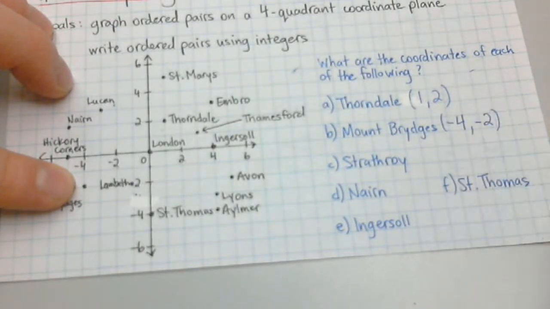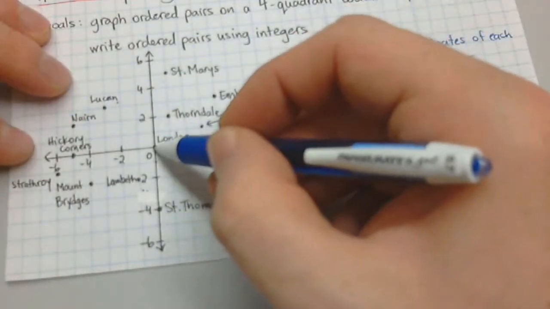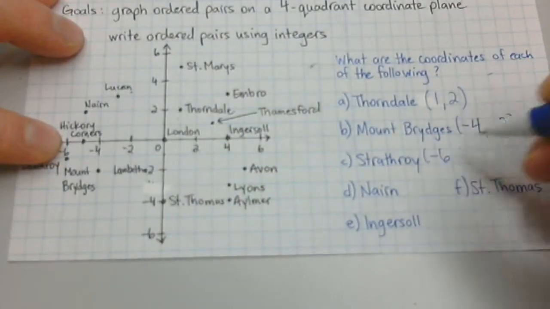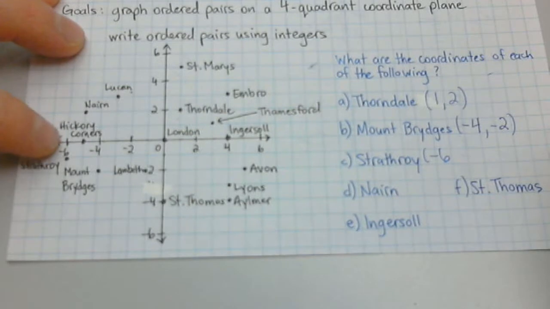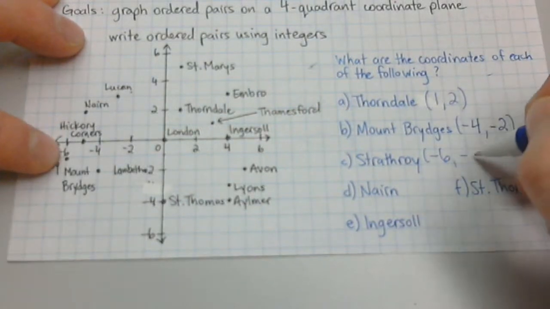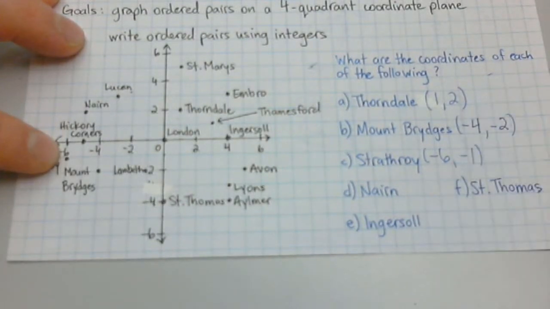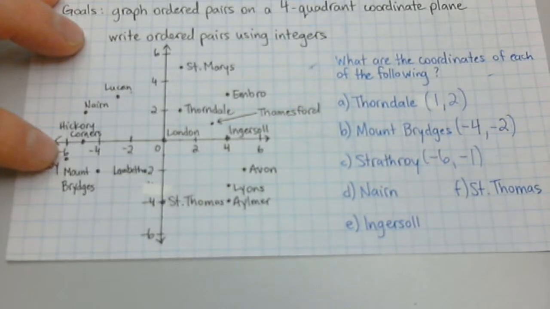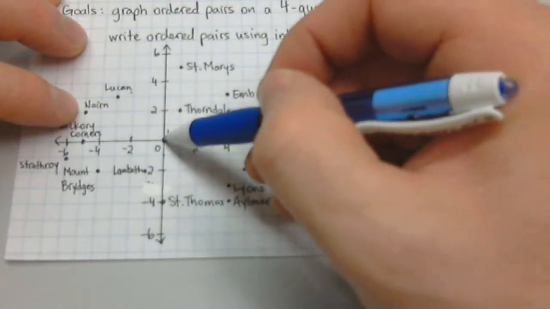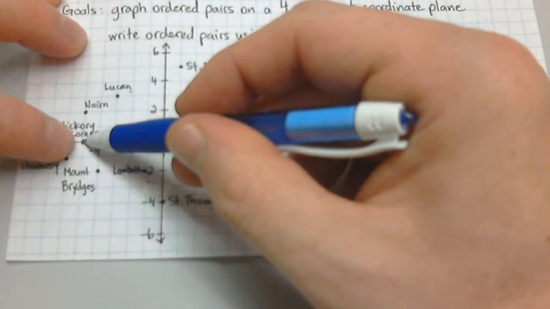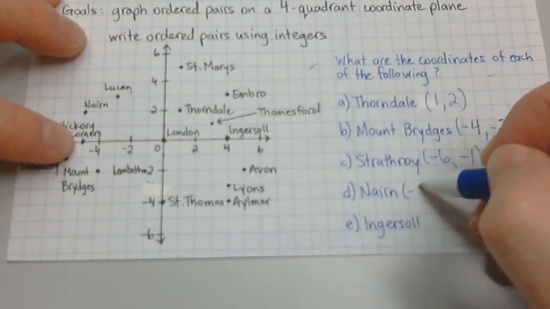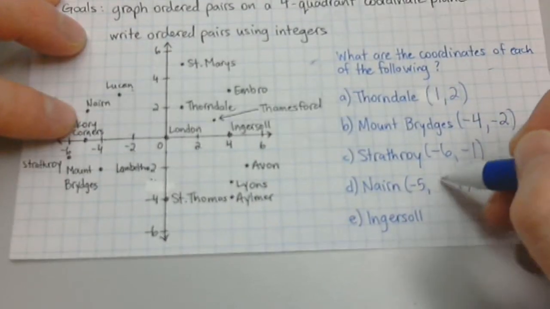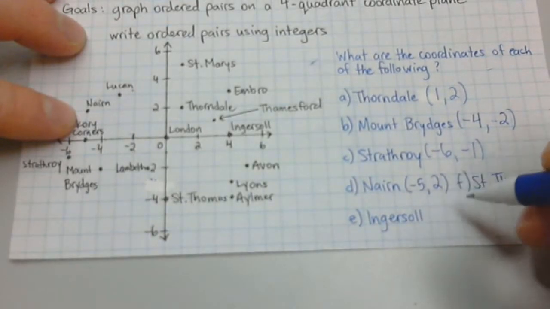Those are my coordinates. Now Strathroy, I start at the origin, and I go 2, 4, 6 to the left, which means it's negative 6, because I'm going to the left. And I'm going down 1, which means it's negative 1. Okay. For Nairn, it's over here, so it's 1, 2, 3, 4, 5 to the left, which is negative, and then I go up 2, so up means positive in this case.